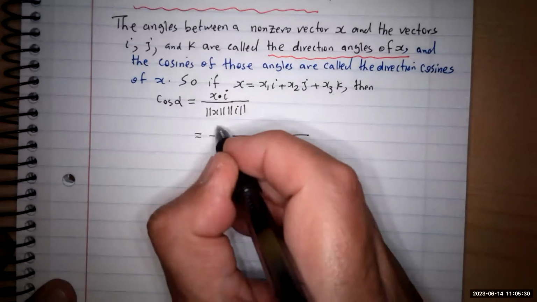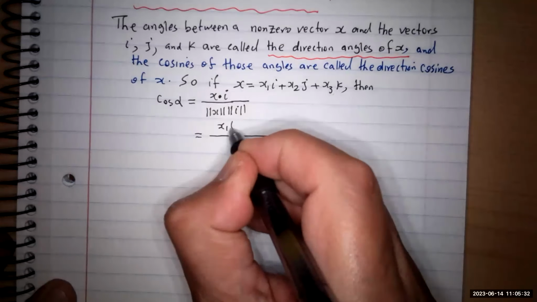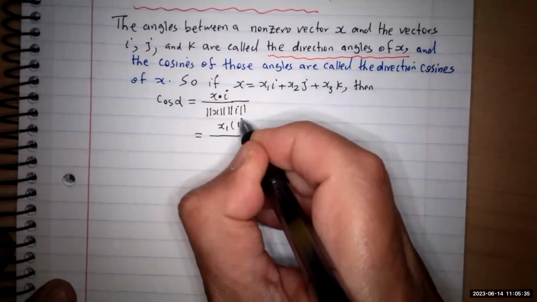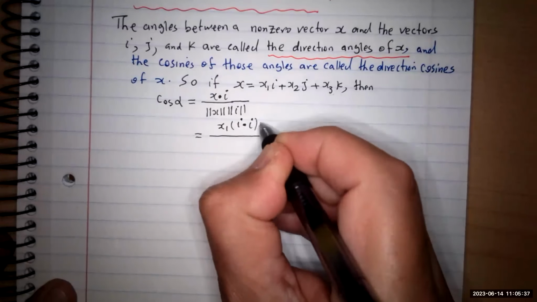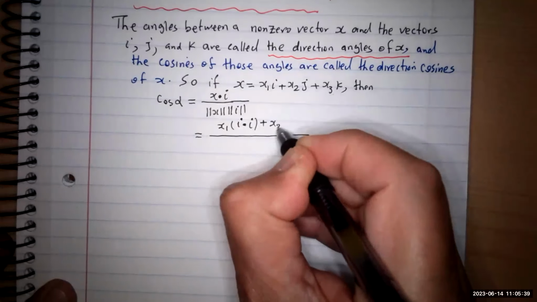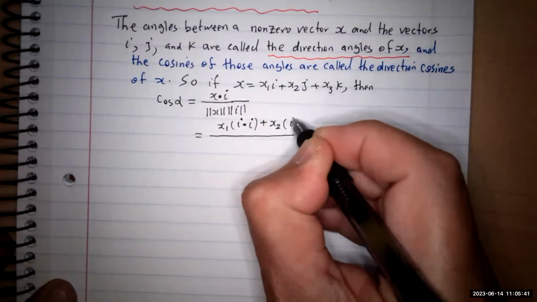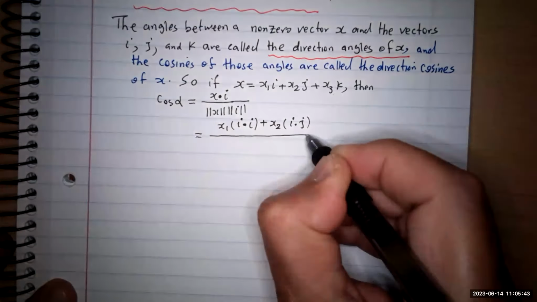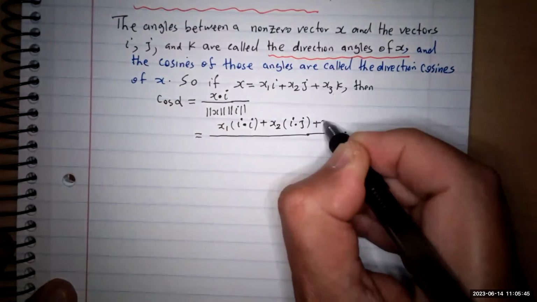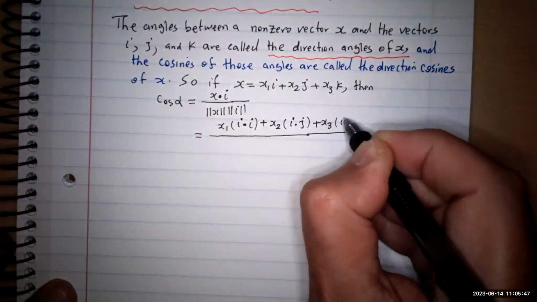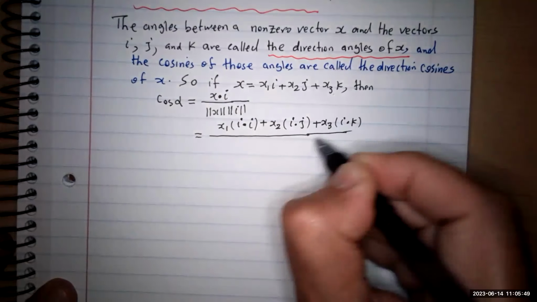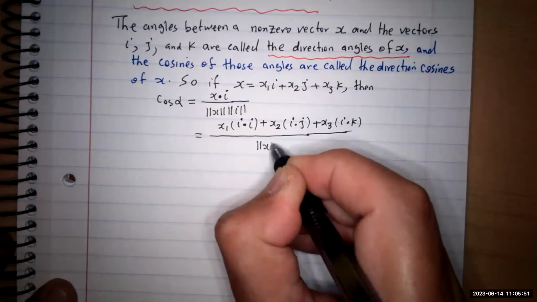The result is going to be x1, since x1 is a scalar, so the vector parts get multiplied together. Then x2 times i dot j, and x3 times i dot k, over the norm x times 1.